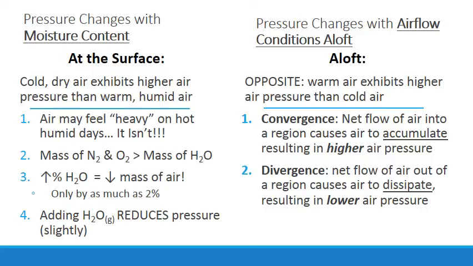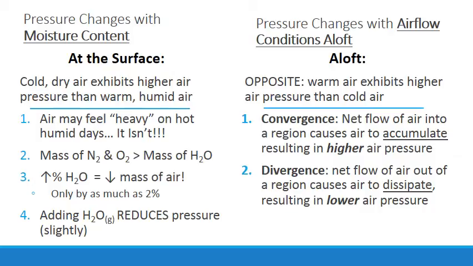Further, a warm, dry air mass exhibits higher surface pressure than an equally warm but humid air mass. So when we get to conditions aloft, that situation is reversed. Warm air aloft tends to exhibit a higher pressure than cold air at the same height above the surface.